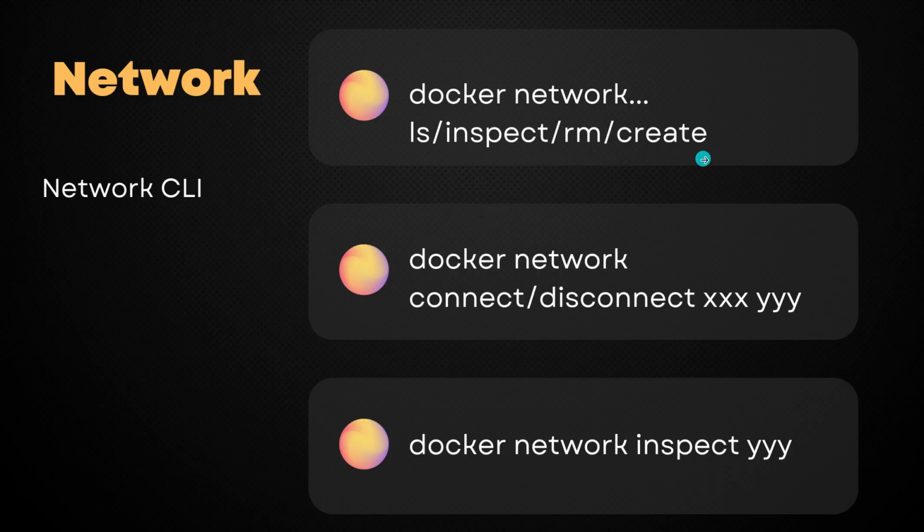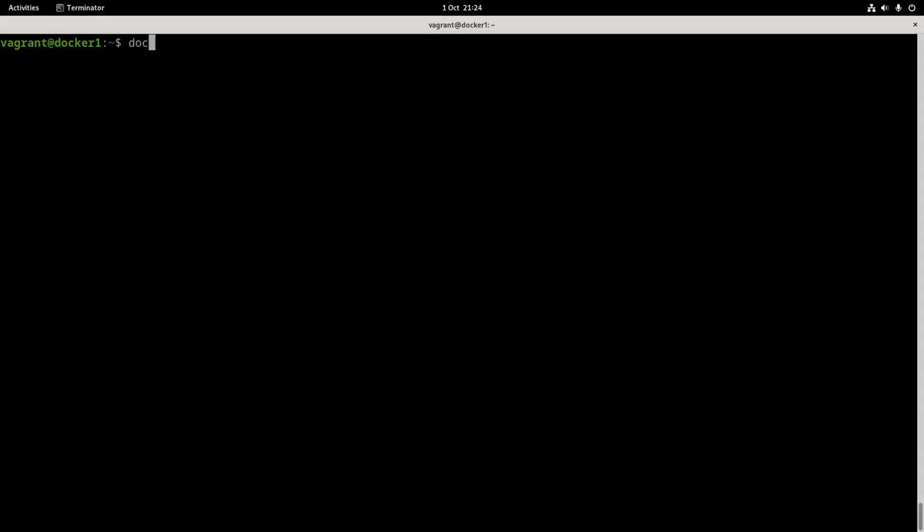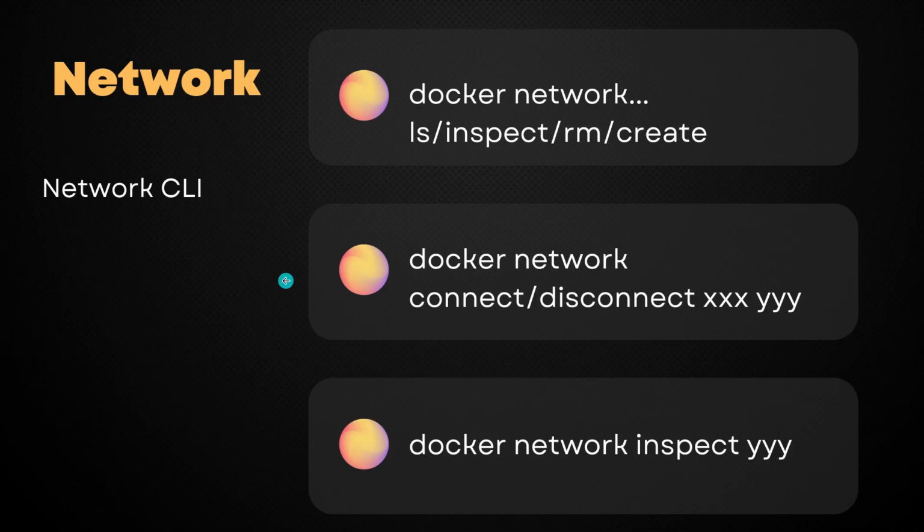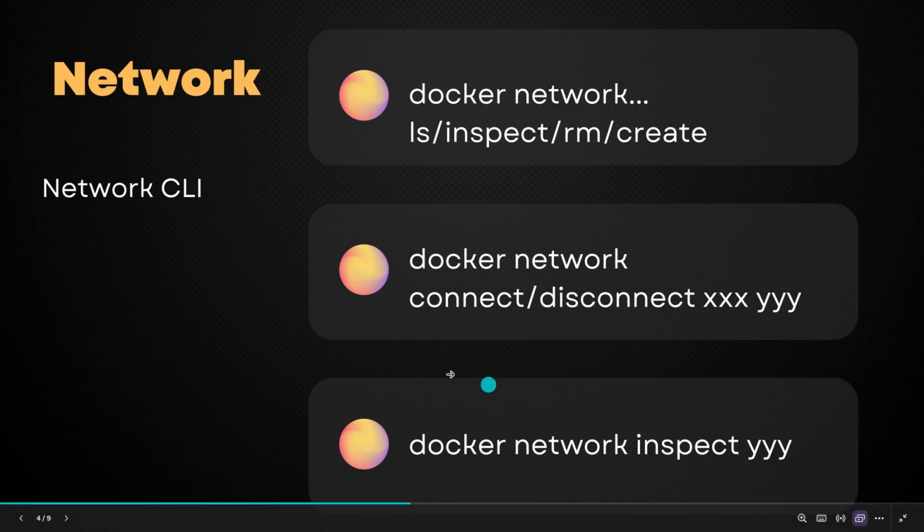Okay, what we can do, we can remove, of course, with docker network rm of our TT network, and now, of course, we have removed the previous network, and we already saw that we can use docker inspect.